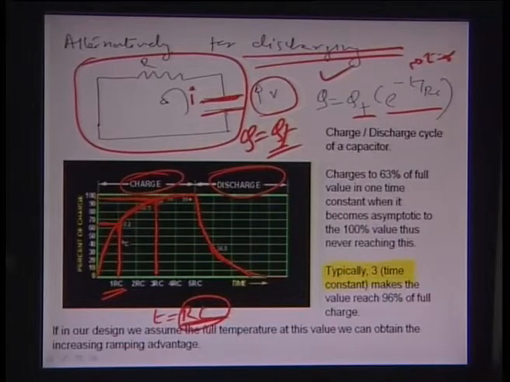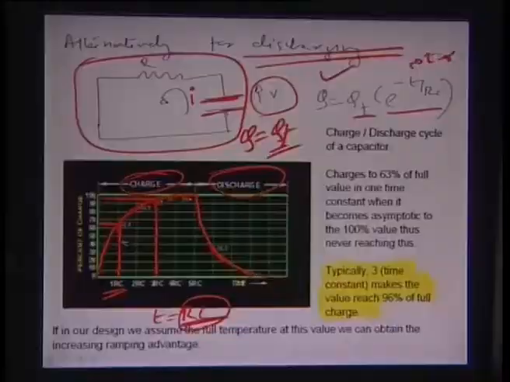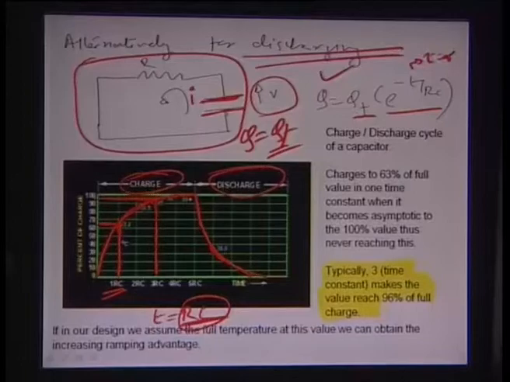If I make an electrical analog in terms of a thermal capacitance, thermal resistance, and a thermal potential difference, which is the temperature, I would be able to see what kind of time would be needed for our thermal circuit to reach a certain level, let us say about 96% of the full thermal load that the cycle can take at a particular temperature. So, if we design assuming that full temperature at this value, we can obtain the full advantage of increasing the ramping rate.